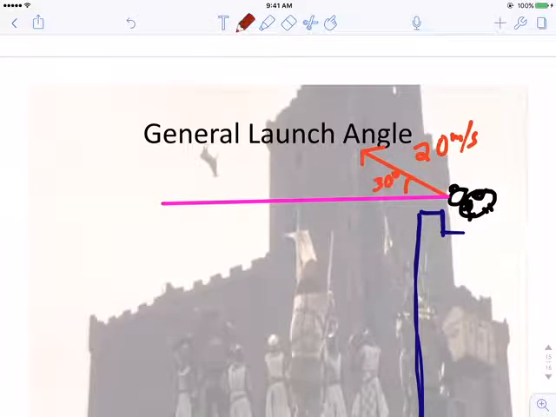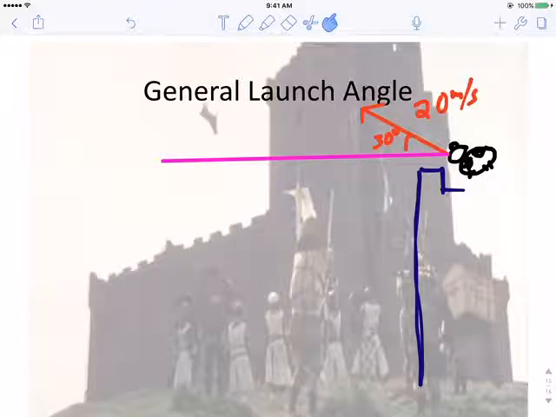Nice, easy number to work with. And then the problem might tell you how far above the ground the castle wall is. So I don't know, let's go with 30 meters. Tall castle.